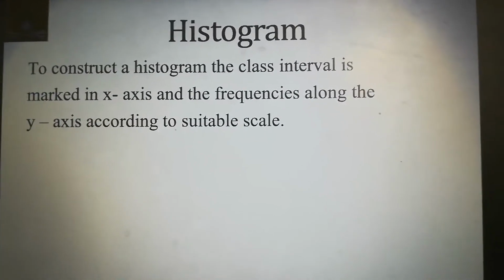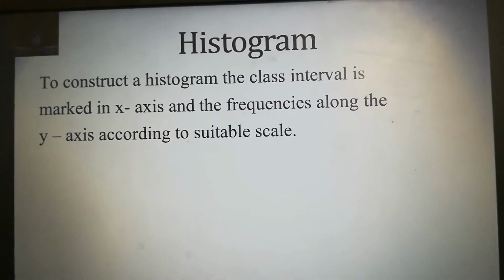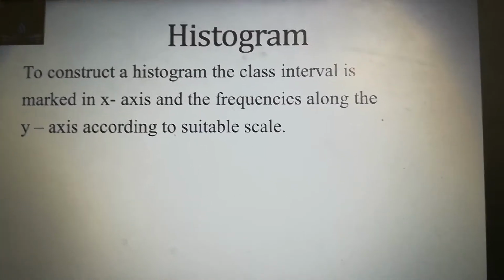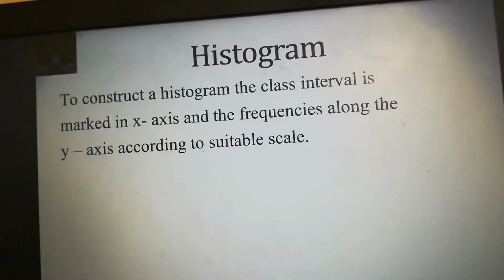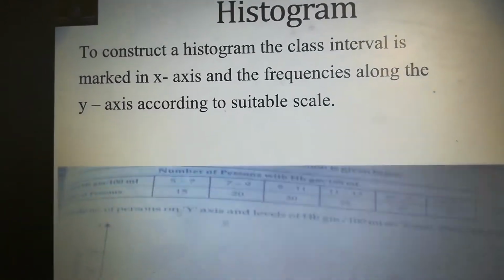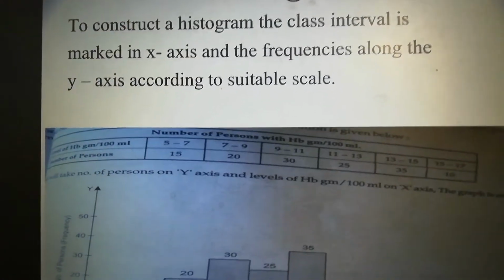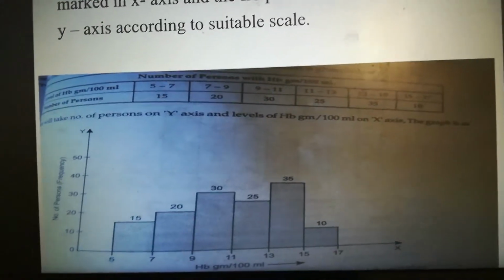To construct a histogram, the class interval should be marked on the x-axis and the frequency is represented on the y-axis. For example, let's have a look at this one.